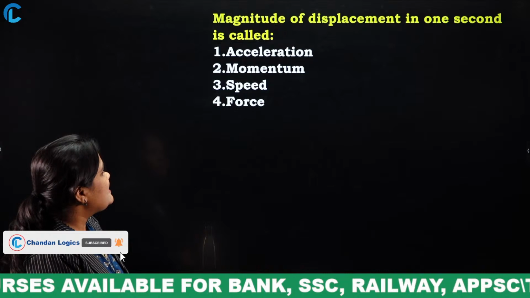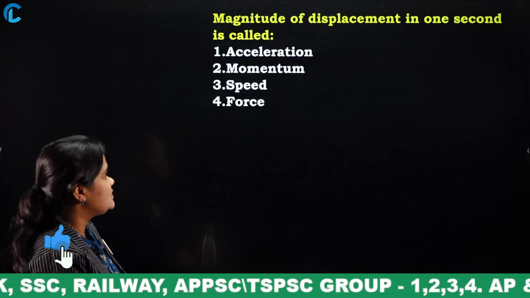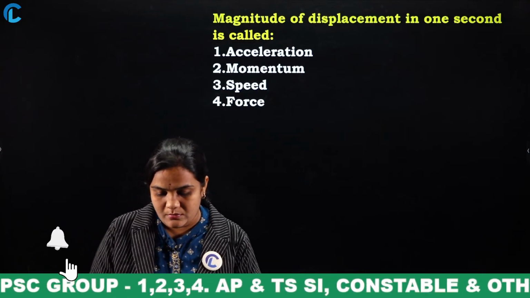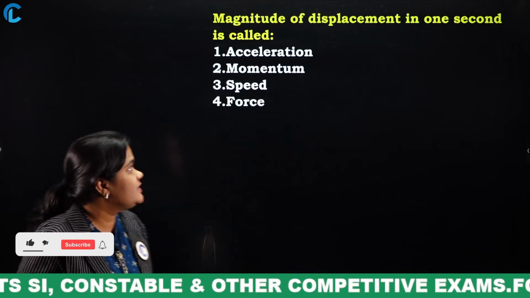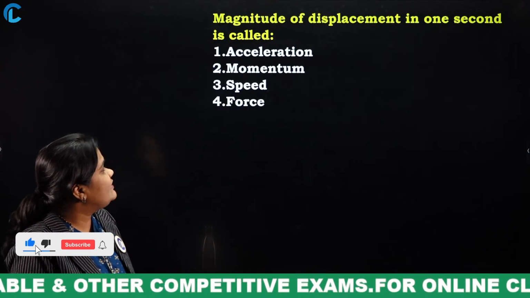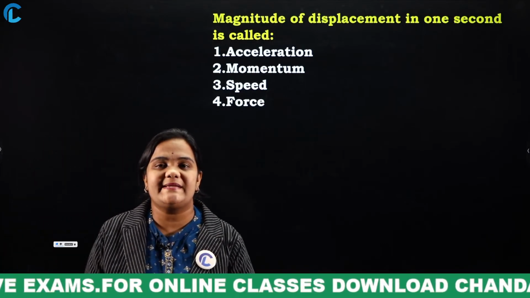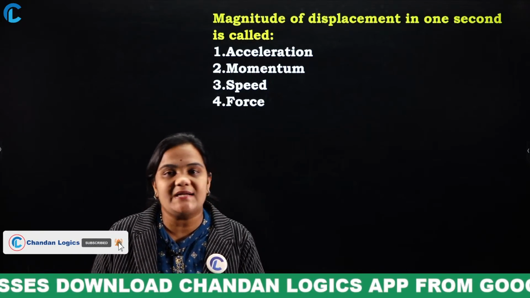Magnitude of displacement in 1 second is called: acceleration, momentum, speed, or force. Read the question clearly and try to give the answer in the comment section. If you know what a scalar quantity is and what a vector quantity is, you can easily answer this question.